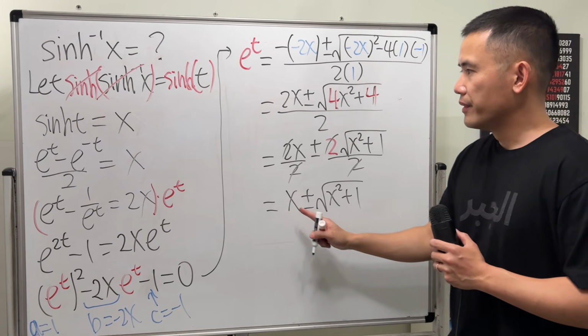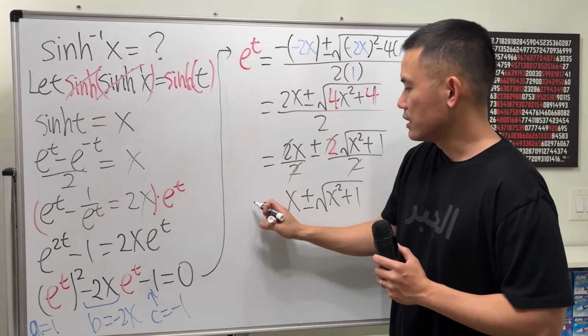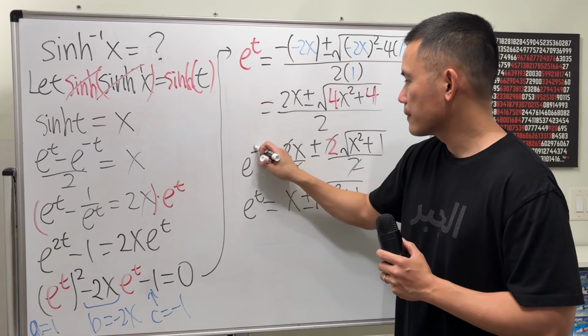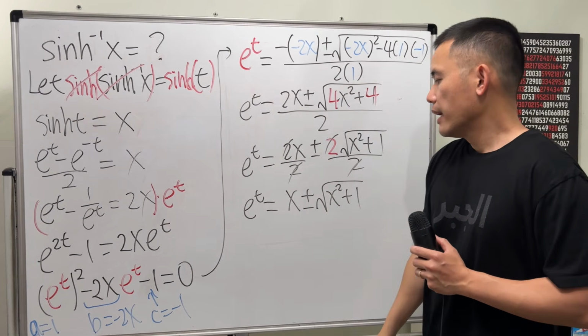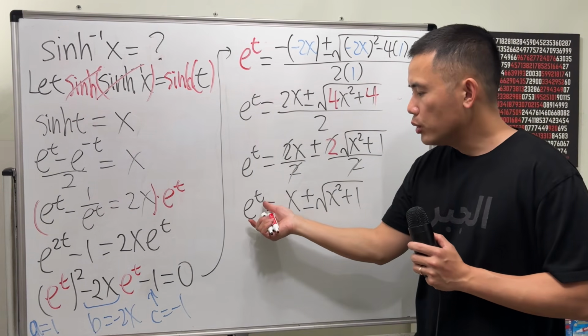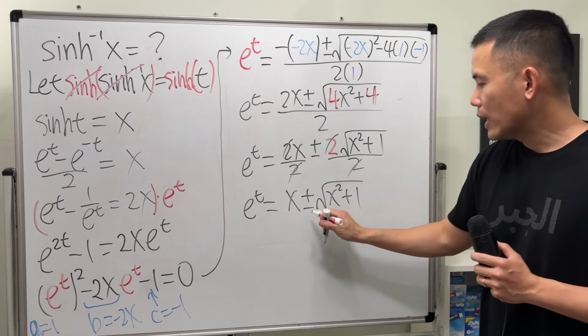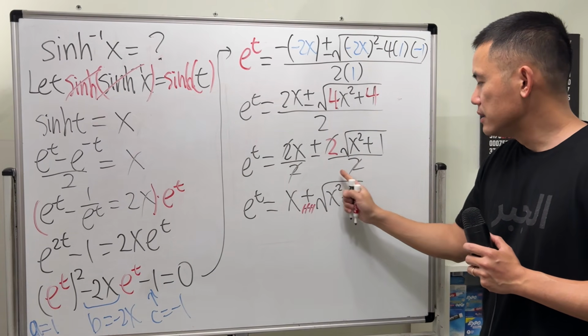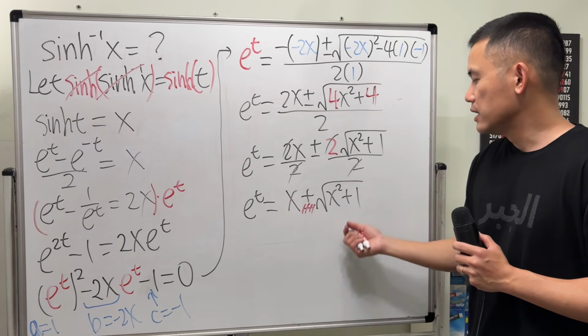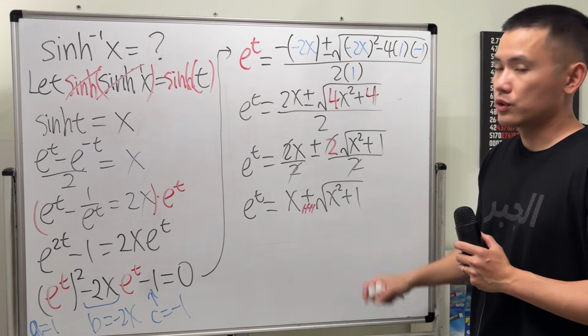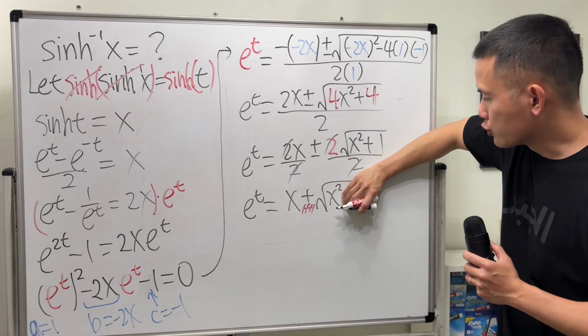But remember, this is what? That's e to the t. And here's the deal. The output of e to the t has to be positive. So in fact, we have to get rid of this negative because this thing is bigger than x since we're adding the 1 to the x squared inside the square root. This is pretty much like x.